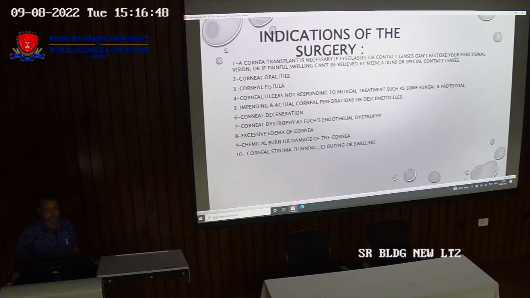Corneal opacities of any type, nebular, macular or leukomatous, corneal fistulas, corneal ulcers not responding to medical treatment, impending and actual corneal perforations or descemetocele, corneal degenerations, corneal dystrophies such as Fuchs endothelial dystrophy, excessive edema of the cornea, chemical burn or damage of the cornea, corneal stromal thinning, clouding or swelling.